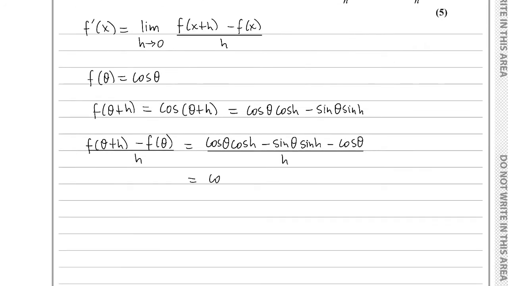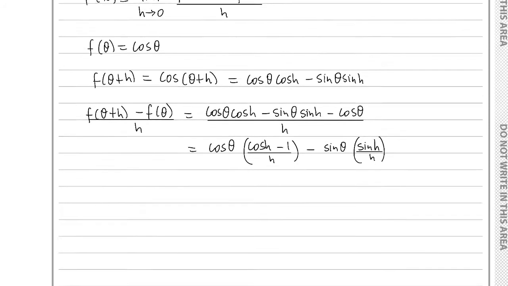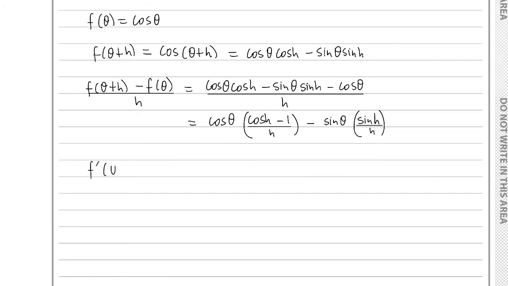So it's cos theta of cos h minus 1 over h minus sine theta sine h over h. This means that f dash of theta is the limit as h tends to 0 of cos theta cos h minus 1 over h, exactly what we have above, minus sine theta sine h over h.